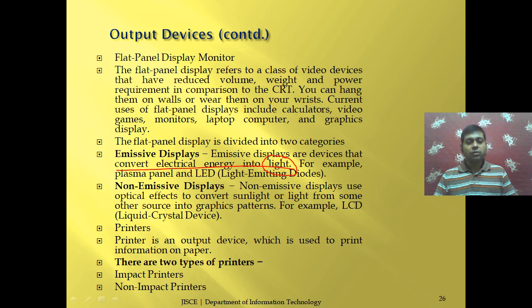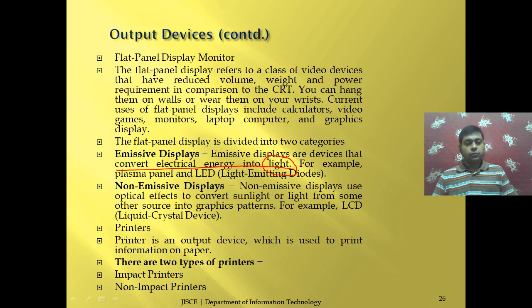Then come to the concept of non-emissive displays, which use optical effects to convert sunlight or light from some other source into graphics patterns. For example, the LCD, liquid crystal display, basically uses optical effects to convert sunlight or light from some other source into graphics patterns. So from light to graphics, and in emissive, it is electrical energy into light. So that is the thing.